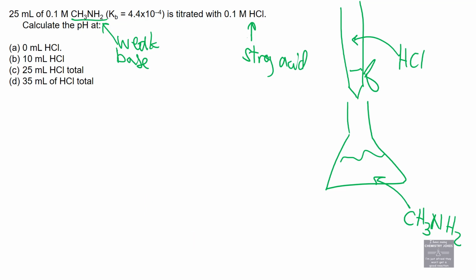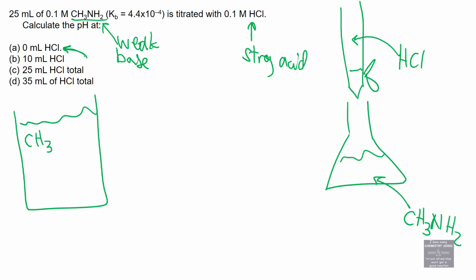At the very beginning of the titration, before you have added any acid, the only thing present in solution is weak base. So if I drew a picture, I would draw CH3NH2, and because I like 4 little molecules, I'm going to write 4 little molecules of these guys. That's the only thing in solution.